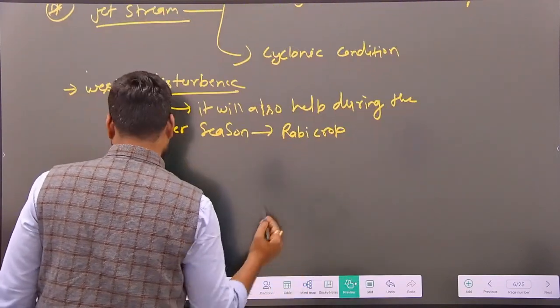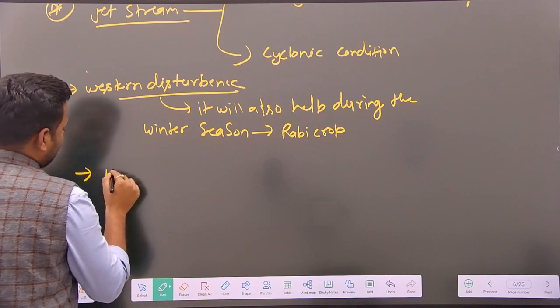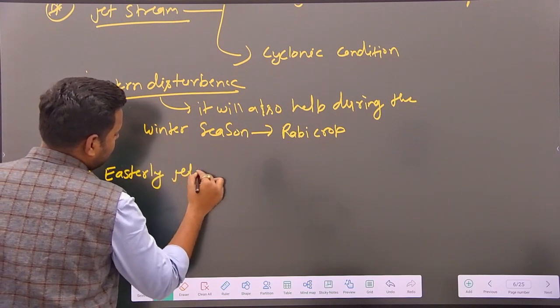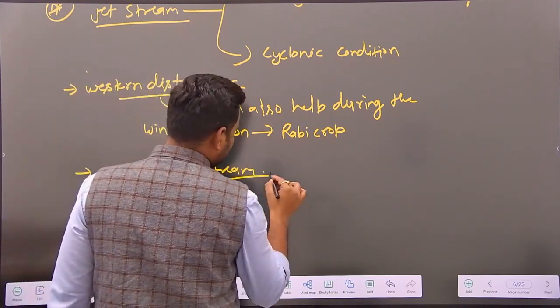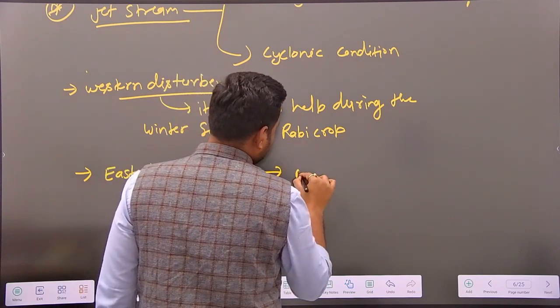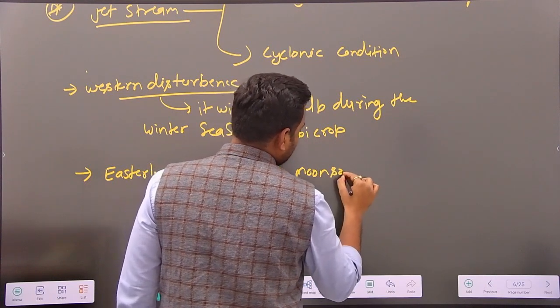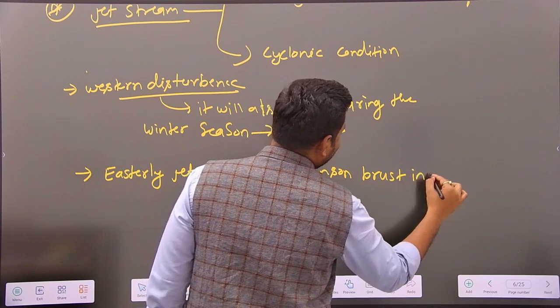The fourth one is the easterly jet stream, which helps in the monsoon burst in India.